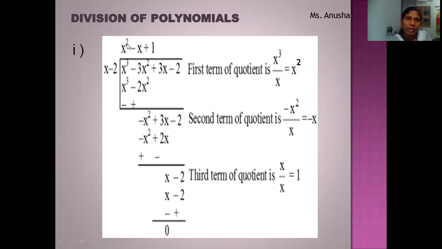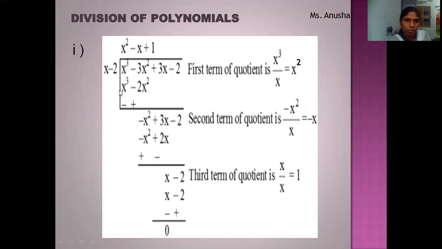Okay. Then you have to multiply this x square with the divisor. X square into x equals x cube, which you put here, and x square into minus 2 equals minus 2x square. Then, as in usual division, the signs change: plus becomes minus, and minus becomes plus.